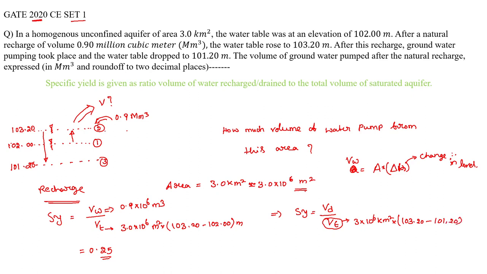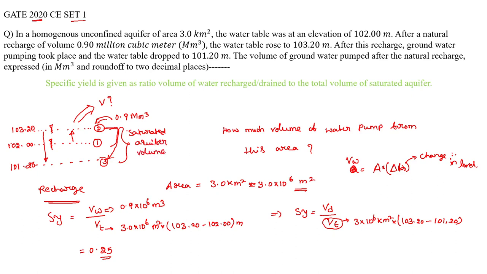This is the initial starting point for the second case. From these two we reach this particular third level. So this much the saturated aquifer thickness has changed, and this is the total saturated aquifer volume.